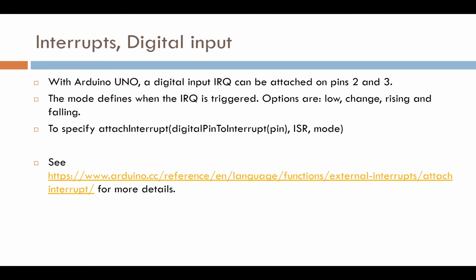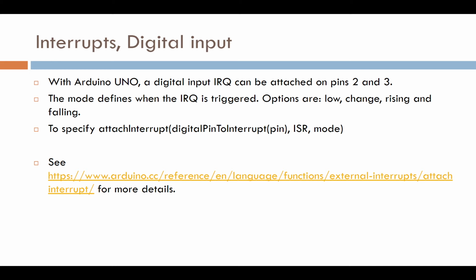I would always go with some sort of change interrupt type. The low triggered interrupt means that if you press the button for a long time, you get lots and lots of those interrupts. While change means that if you either press or release it, it gives an interrupt.